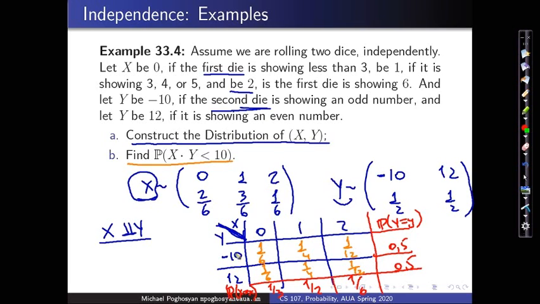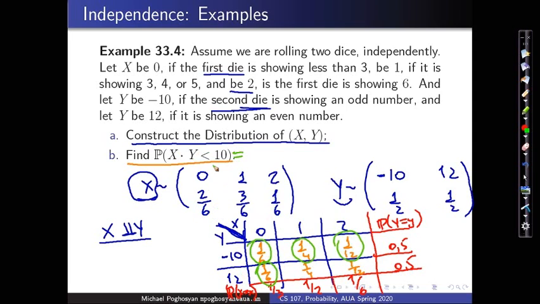X is 0, Y is minus 10 is satisfying, so I will add this. 1, minus 10 is satisfying, this is negative. 2, minus 10, minus 20, this is satisfying. 0, 12 is satisfying. 1, 12 is not satisfying because the product is 12, which is not less than 10, and 2, 12 is not satisfying. So I will add these 4 numbers to obtain this probability.